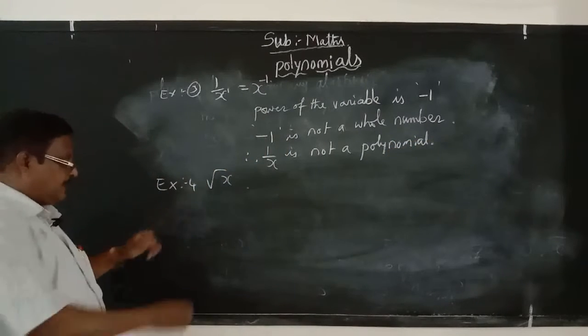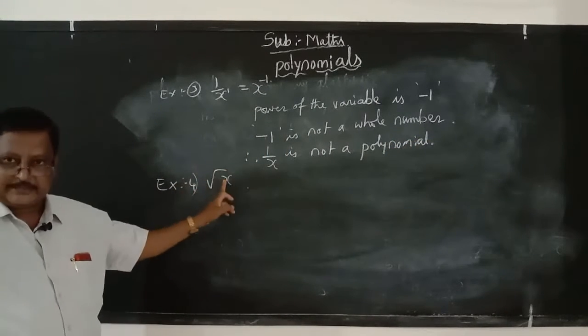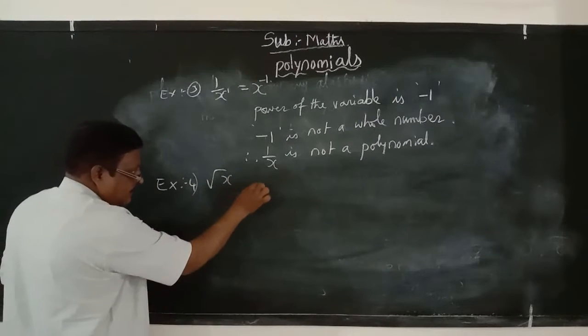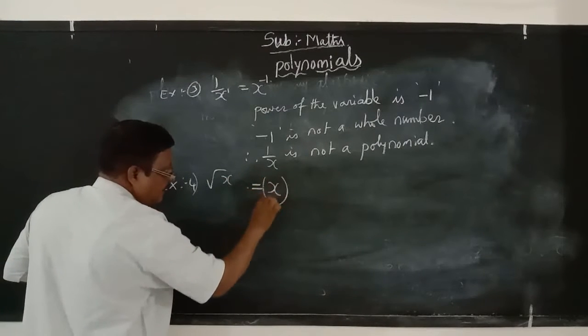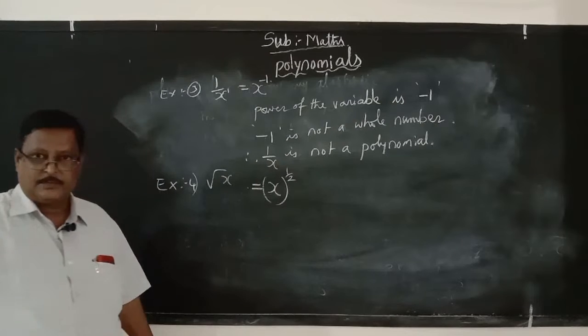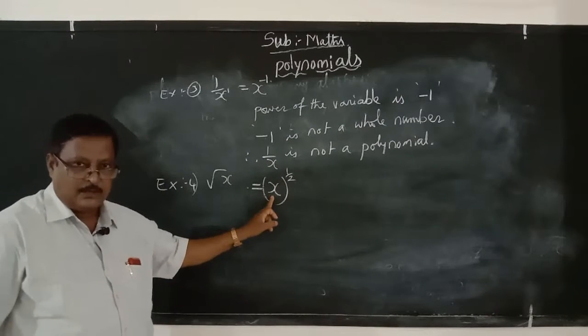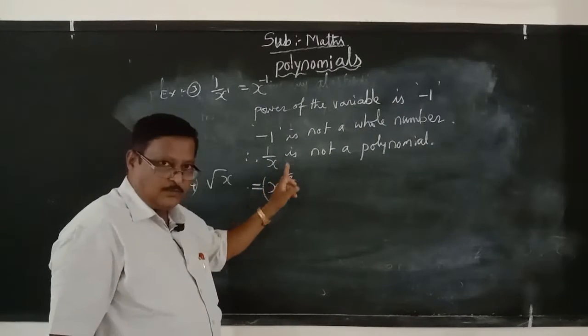Next, the fourth one, example number 4, root x. Root x is nothing but x to the power 1 by 2. Here the variable is x, the power is 1 by 2.